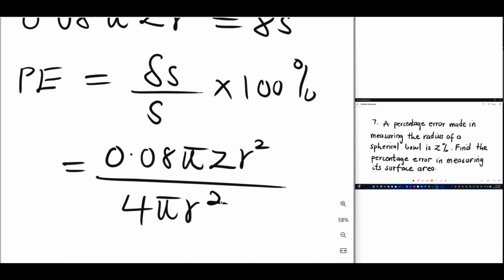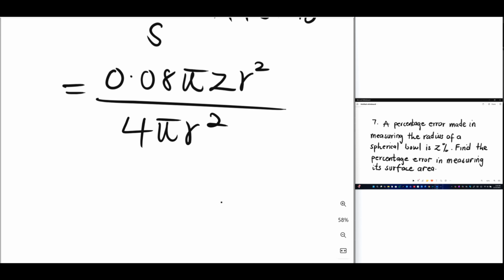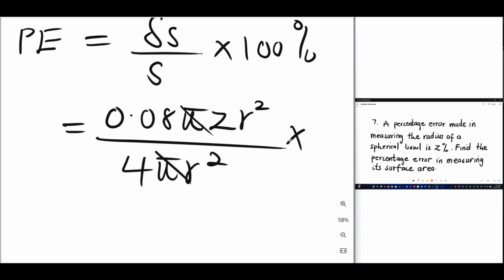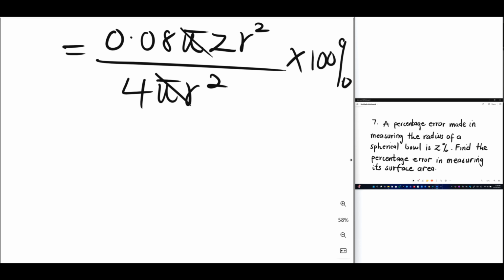Now we just simplify. The pi cancels pi, and r squared cancels r squared.